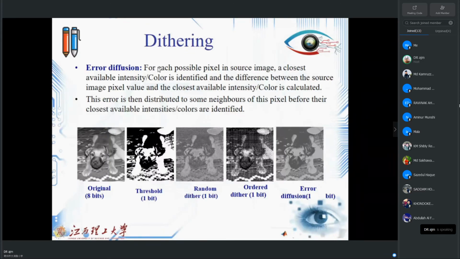You will see here I have the 8-bit original picture, then the threshold at 1 bit, random at 1 bit, ordered dither, and error diffusion. These are the operations I have done on this photo. Soon, with the help of MATLAB, we will also review all these concepts and compare them.